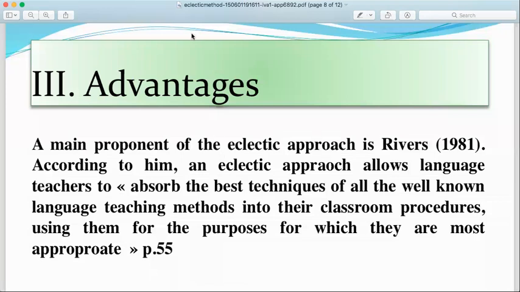Now, it is also not definite that the eclectic approach would make use of the deductive approach for language teaching. They can use the inductive approach as well. Deductive is better as far as this eclectic approach is concerned, but it can be the inductive approach. Also, it can be an integration of both.